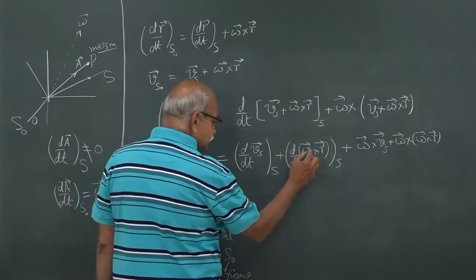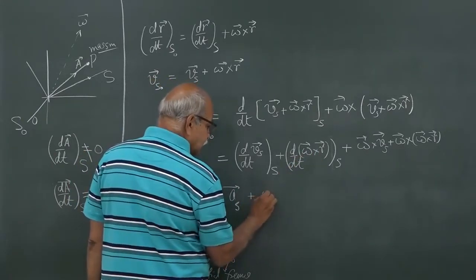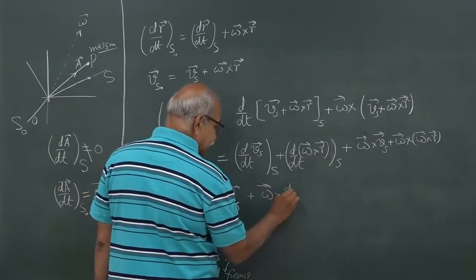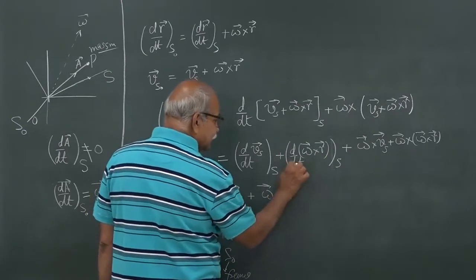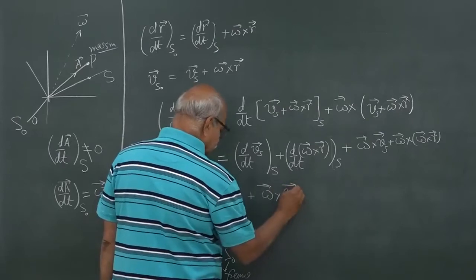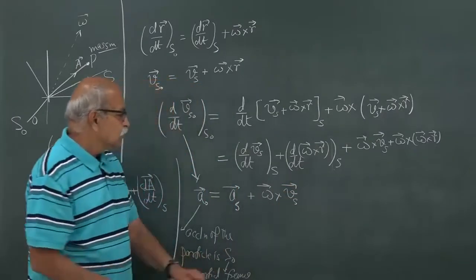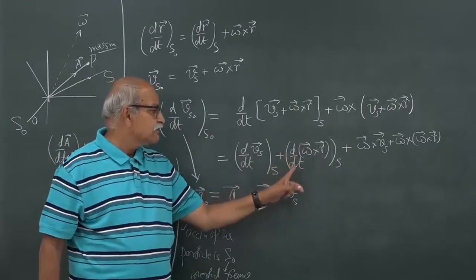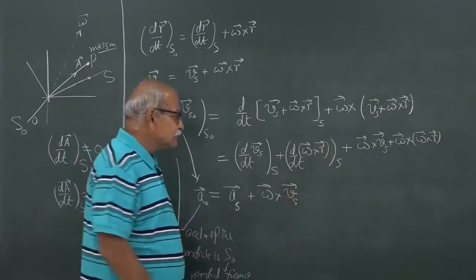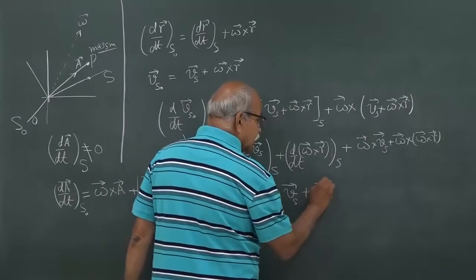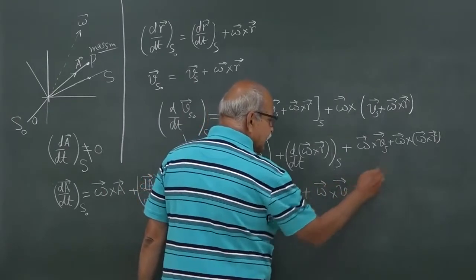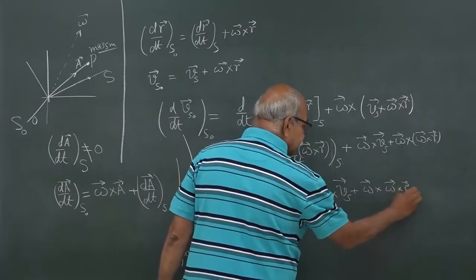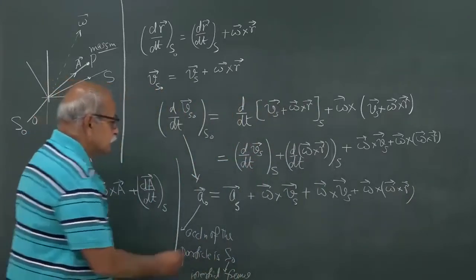In that case this omega will be constant, and so we will say plus omega cross dr/dt in S. But what is dr/dt in S? It is just V in S. We are differentiating the position vector in S frame, and therefore we get the velocity of the particle in S frame. And then I have this omega cross V_s here, and we have omega cross V_s here. All right, this and this are the same.